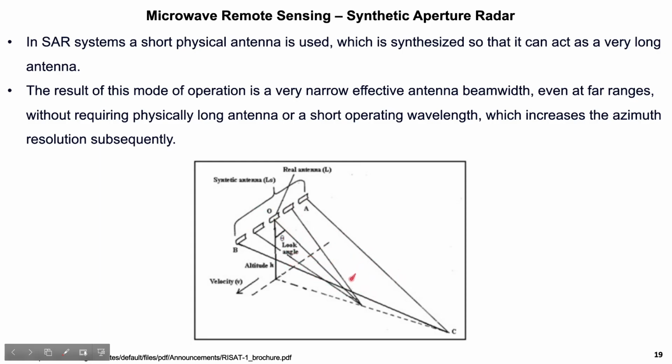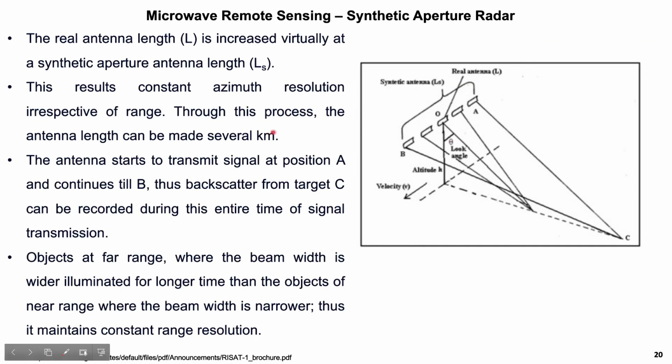It will overlap the near range and far range, that entire width is going to overlap with each other. That is called multi-look. We will be able to virtually synthesize this entire length. If you add all this up, you will get the synthetic length of the antenna, which is LS. By doing this, we will be able to achieve a virtually very high length, which will enhance our azimuth resolution.